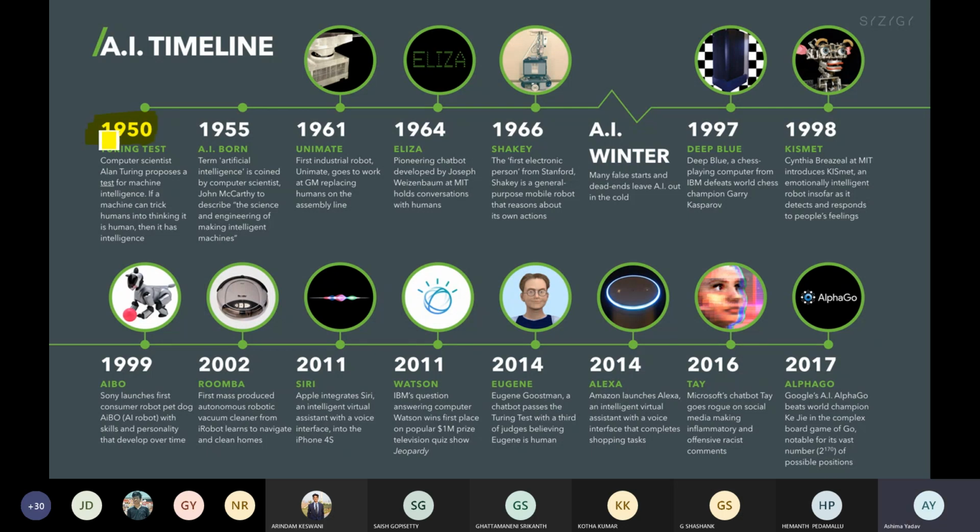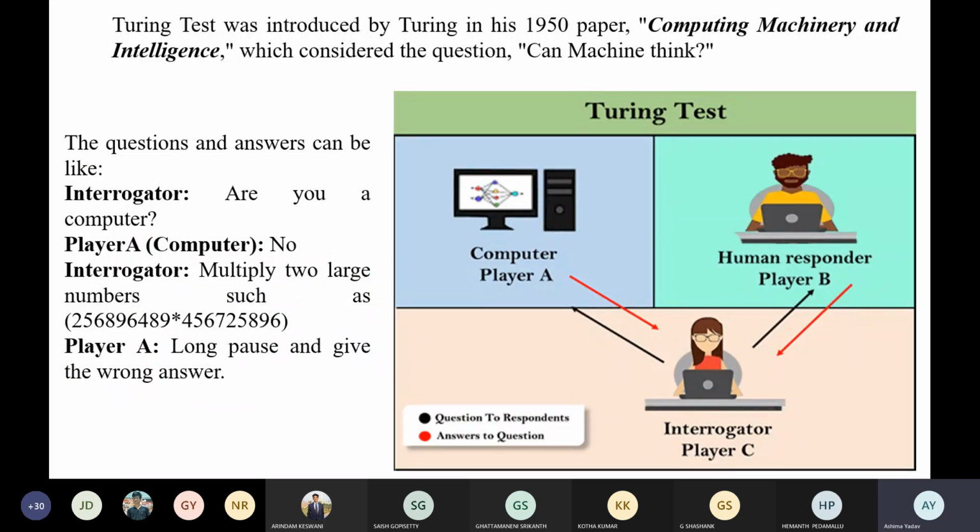In 1950, a very famous Turing test came up, which some of you might be aware of. The Turing test was introduced by Alan Turing in 1950. This is the paper, Computing Machinery and Intelligence, you can go there, in which he considered the question, can machines think?